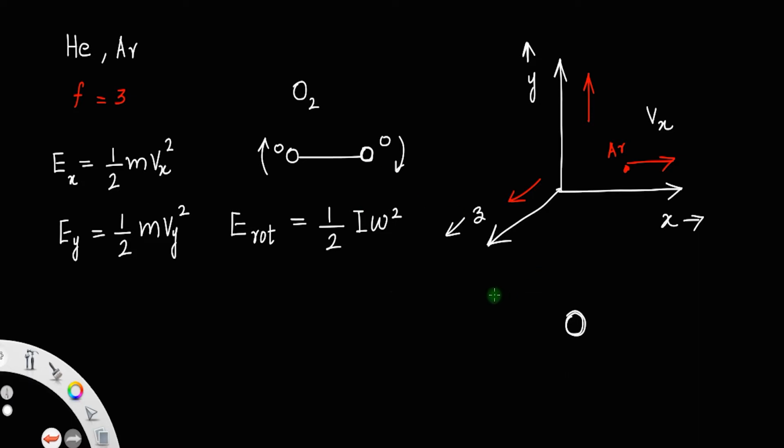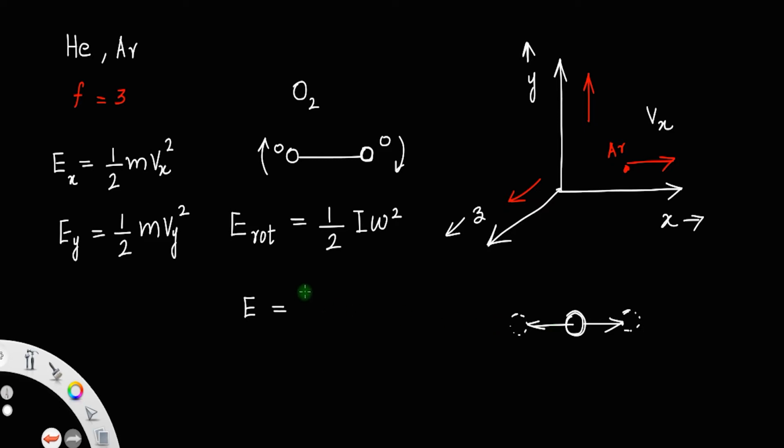Suppose for any non-rigid molecule, if it has vibrations, this molecule can vibrate to and fro. That is, if it is vibrating along the horizontal line, then the energy associated with it is just like the vibration of a spring.